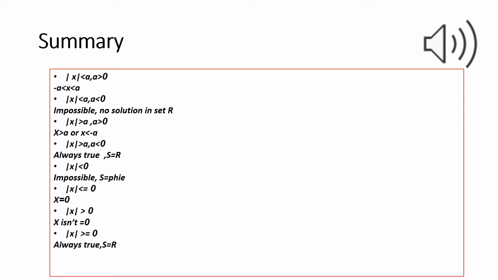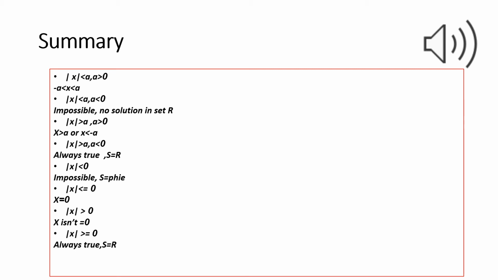Another example: we have a system containing absolute x greater than 1 and absolute x less than 3. Then we solve each inequality alone. Inequality 1, absolute x greater than 1, looks like absolute x greater than a where a is positive.